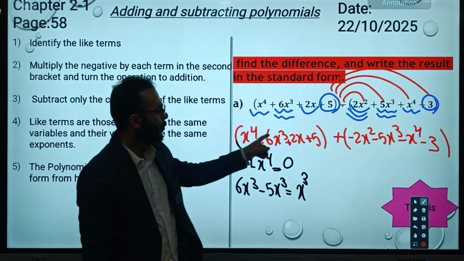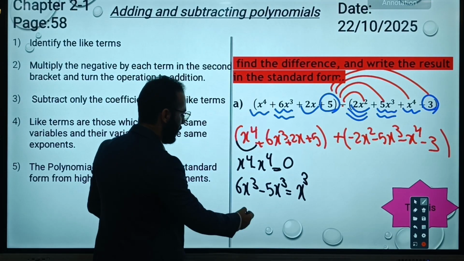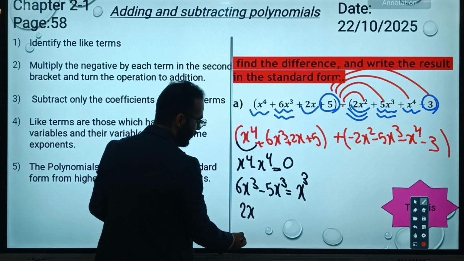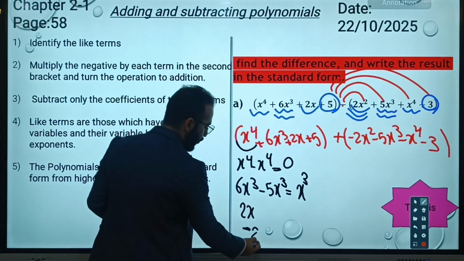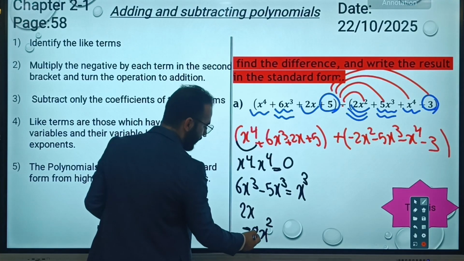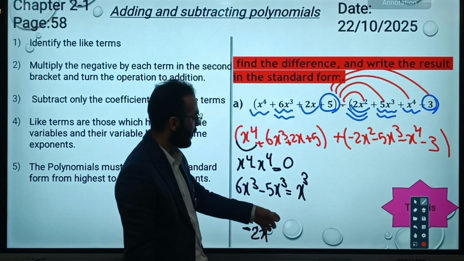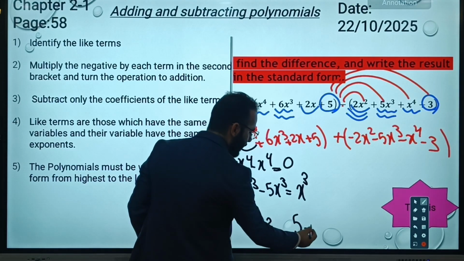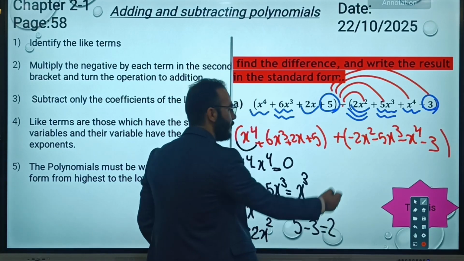And then we have 2x, no term for 2x, so 2x. Negative 2x squared will stay the same, no friend for x squared. And then finally the constant term is 5 minus 3. 5 minus 3 is equal to 2.